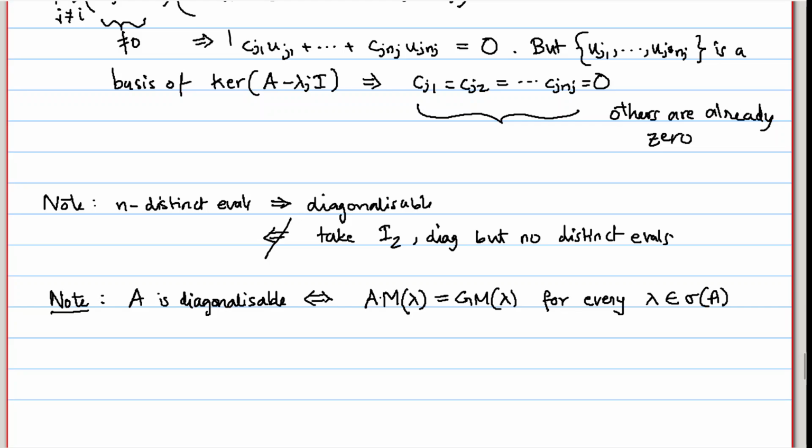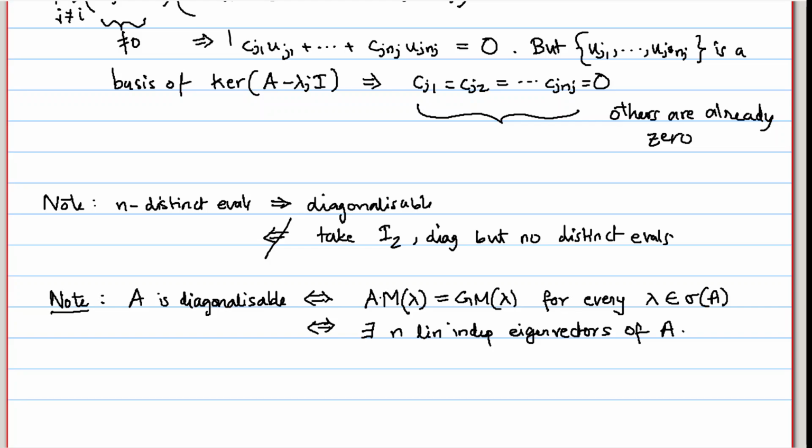A is diagonalizable if and only if there exist n linearly independent eigenvectors of A. Observe that if you want n linearly independent eigenvectors, then for every corresponding lambda there should be a linearly independent eigenvector, where lambda can repeat.